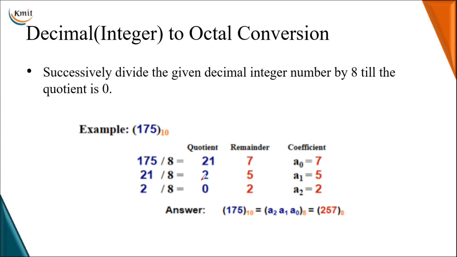Now the coefficient is not 0, so 2 we take and 8 zeros are 0. So 2 minus 0, the remainder becomes 2. So now 175 to the base of 10 is equal to, with a2 occupying the most significant digit portion and a0 occupying the least significant digit portion, 257 to the base of 8, which is the equivalent octal.